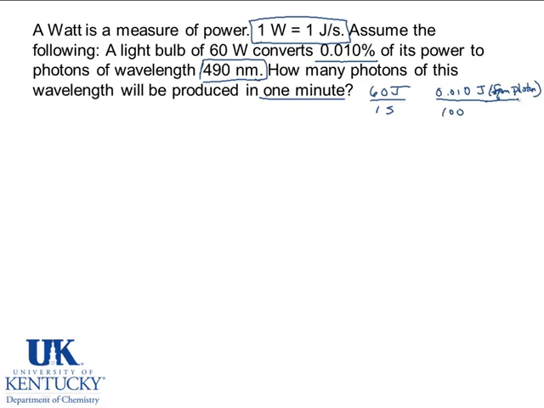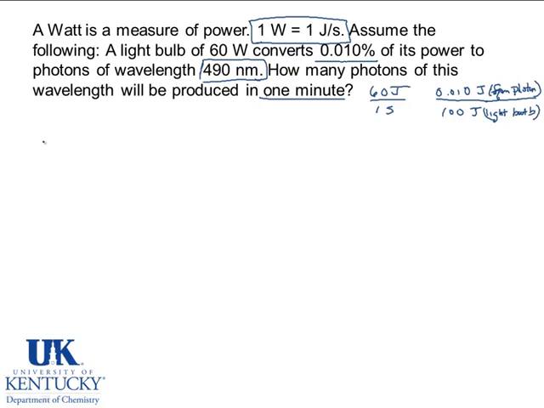And not just any photons, but the 490 nanometer photons. And the 100 is the joules consumed by the light bulb. Okay, so those are the two relationships, the joules from photons and the joules from the light bulb. So I have those as conversion tools.